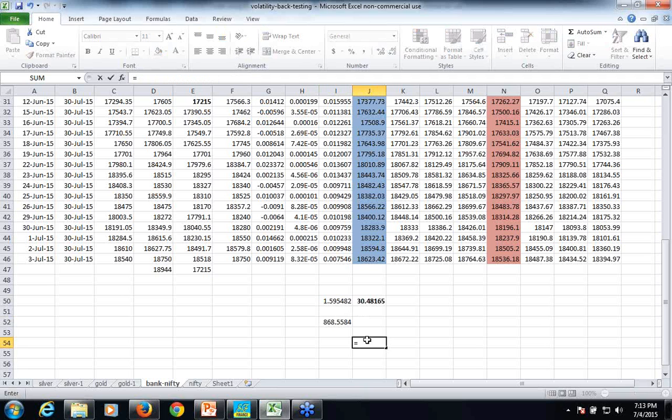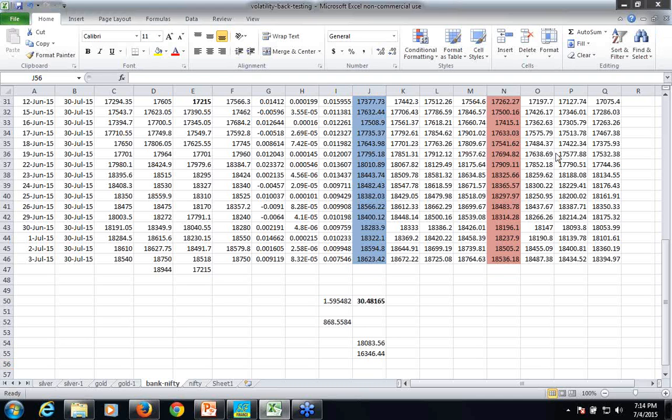So if I take the reference from here, 17,215 added with this, or 17,215 subtracted from this, it is telling me it should go to either 16,346 or 18,083. I didn't do any trend analysis, I didn't apply any other formulas, except this one standard deviation formula, to know how accurate it is.